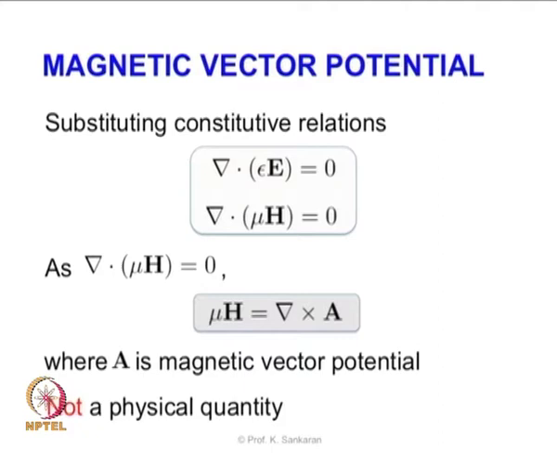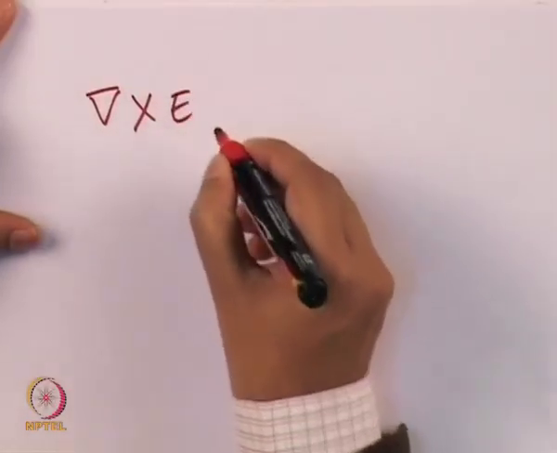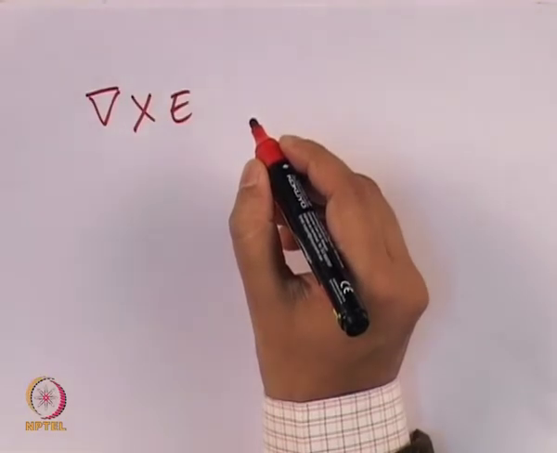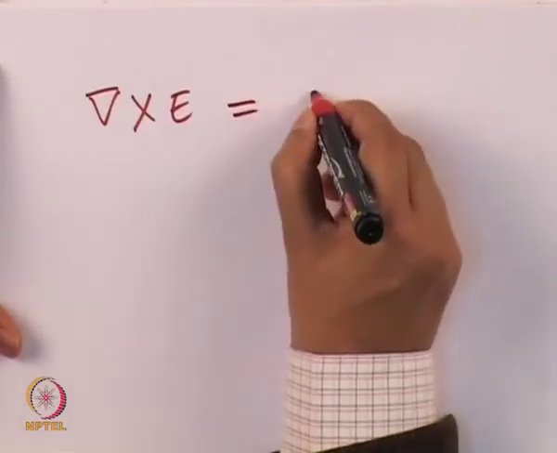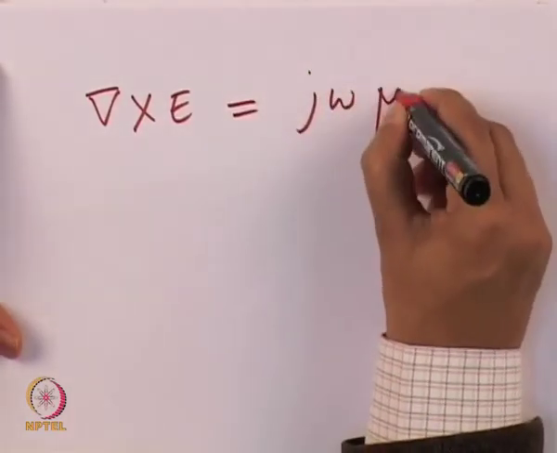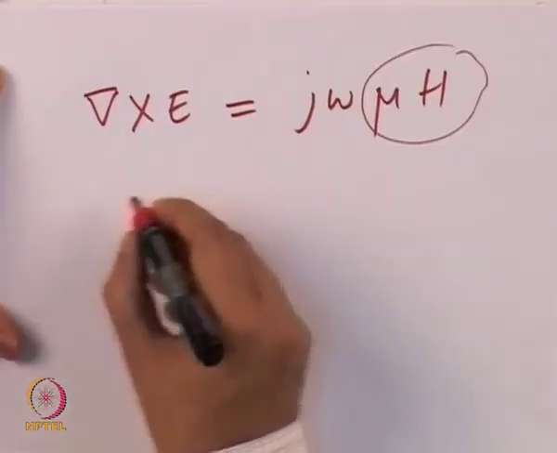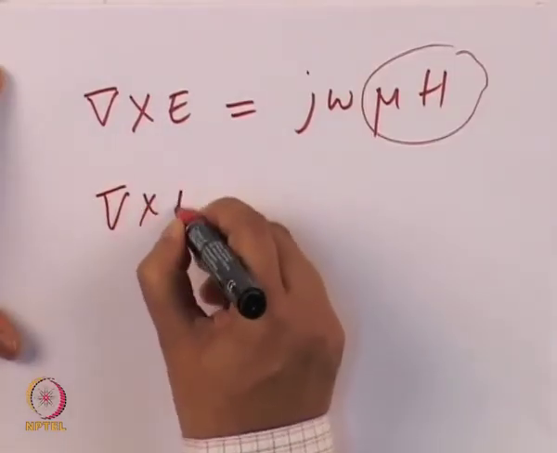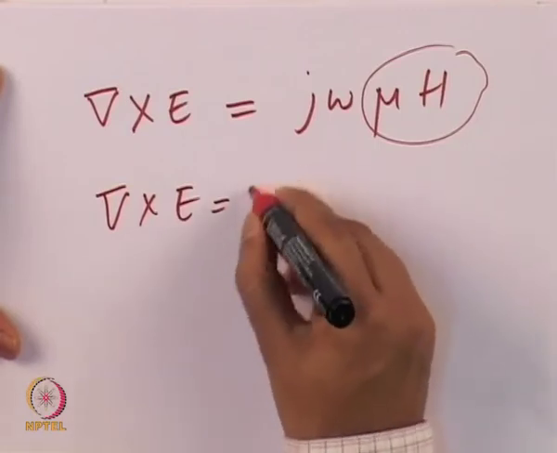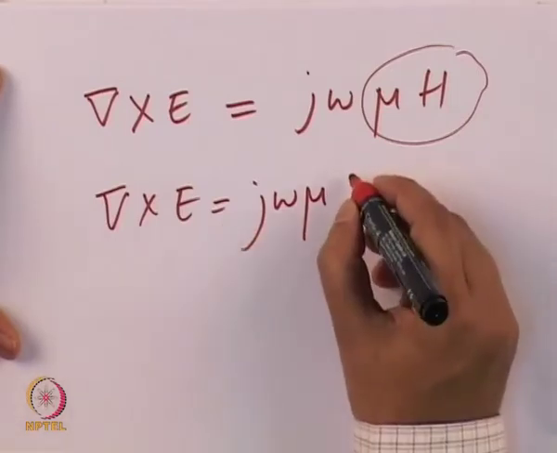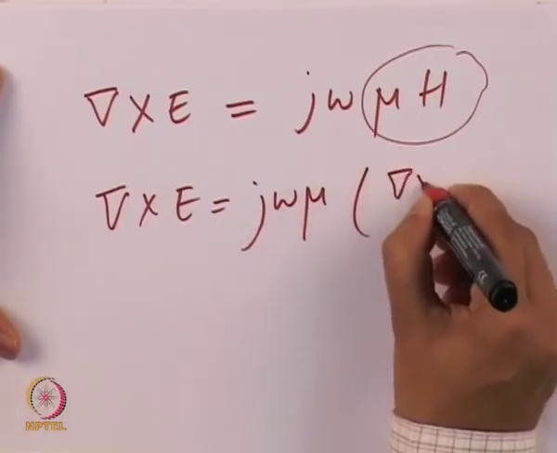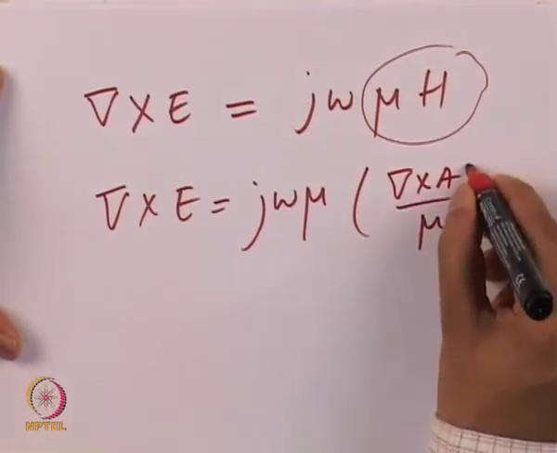What we had is a curl equation that says the curl of E is given by j omega mu H. So what I am going to do here is take j omega mu outside, and for H I am going to substitute curl of A divided by mu.